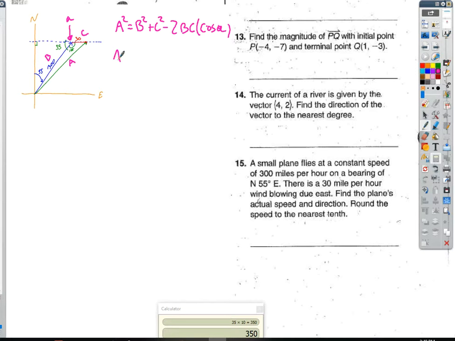So we have a squared is equal to 300 squared plus 30 squared minus 2 times 300 times 30 times the cosine of 145. Getting all this, Ellie? Yes. It's really not that hard.